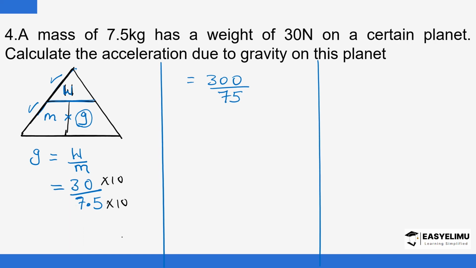You can try and divide both of them by 5. So 5 here 3 times and 5 there 12 times. And so we have 12 divided by 3, which is equal to 4. So on this particular planet, acceleration due to gravity is 4 newtons per kilogram.